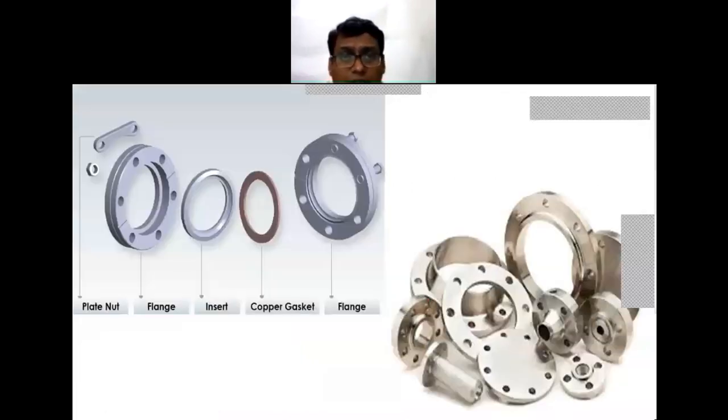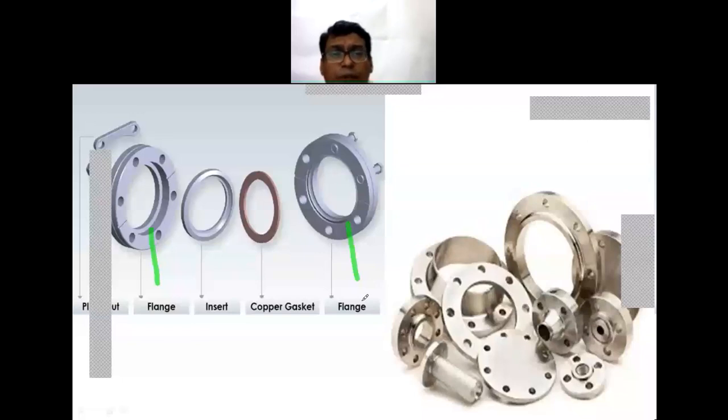So these are again the different figures. You can see the flange which is available. This is the flange, this is also the flange. In between the flanges it can be a gasket, then the inserts can also be fitted, because of the groove that is available in this flange.